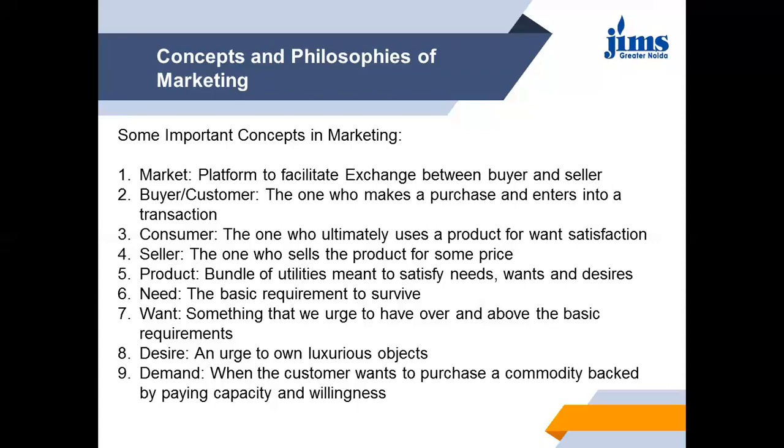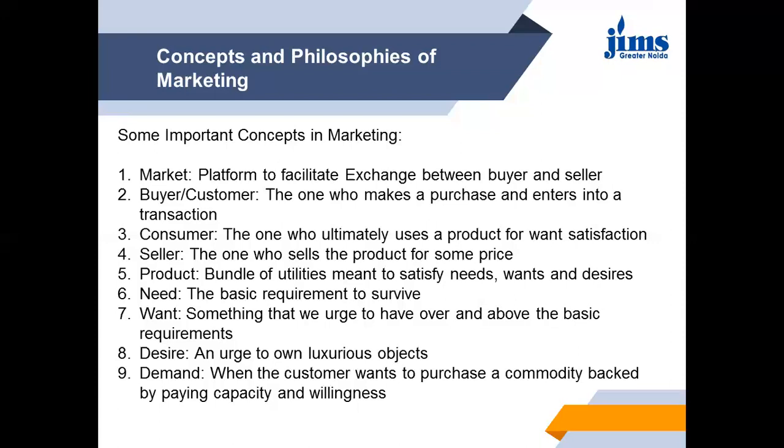Say, for example, I simply need some quantity of rice, some chapati, and a vegetable to survive, and that will be my basic requirement for survival. But when I want two, three dishes in my plate, that need gets converted into want. And when I want to dine out at a fancy restaurant or a five-star rated restaurant, that want gets converted into a desire.